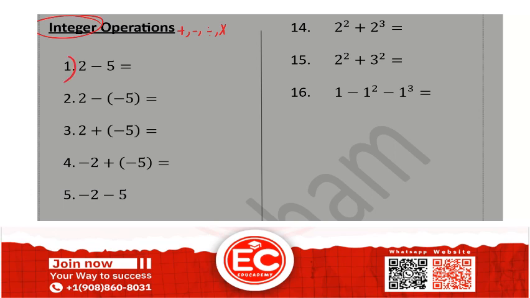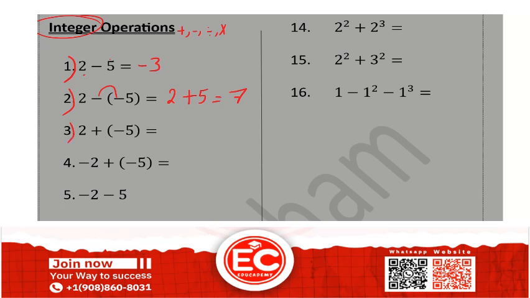Question number 1, 2 minus 5. 2 minus 5 is negative 3. Why? Because 5 is greater than 2. But in question number 2, negative multiply negative, I should change it to positive first, and 2 plus 5 is equal to 7.